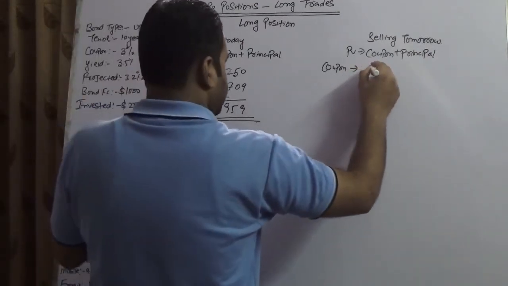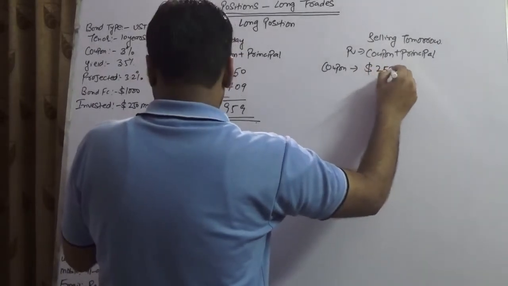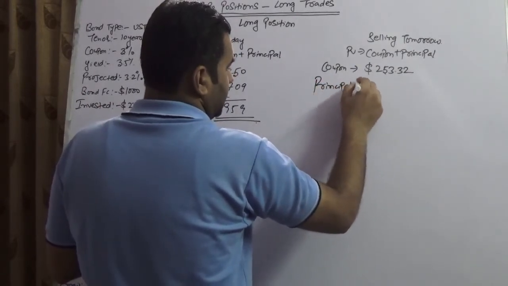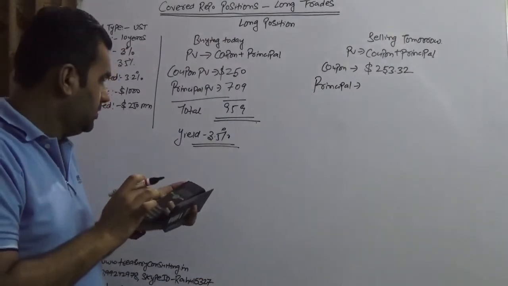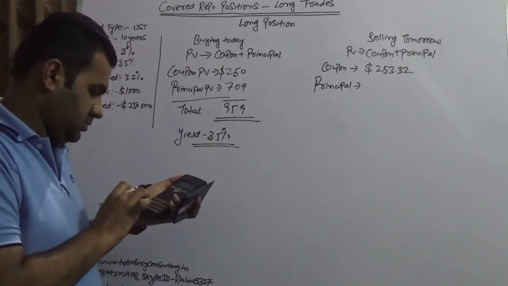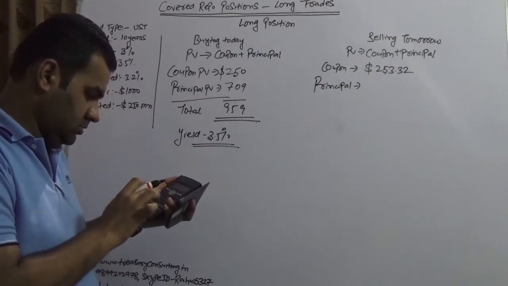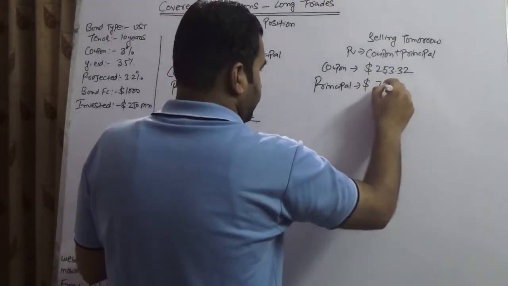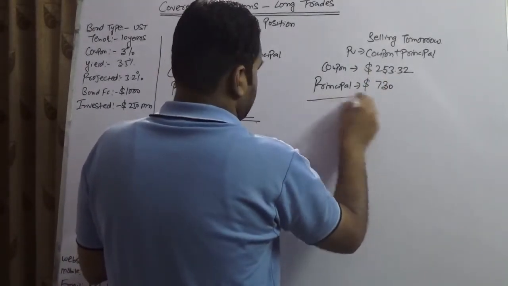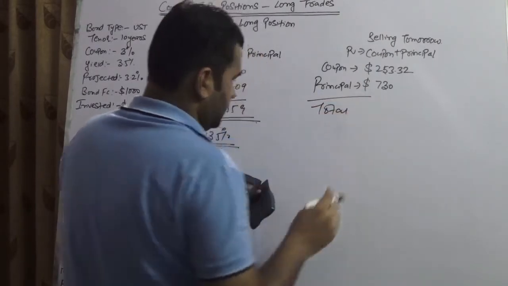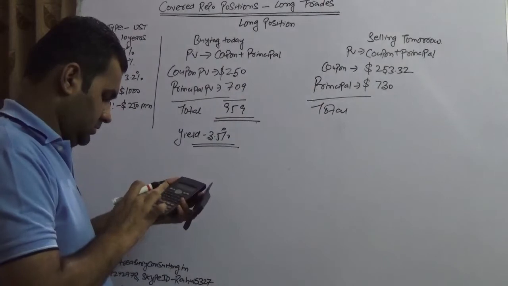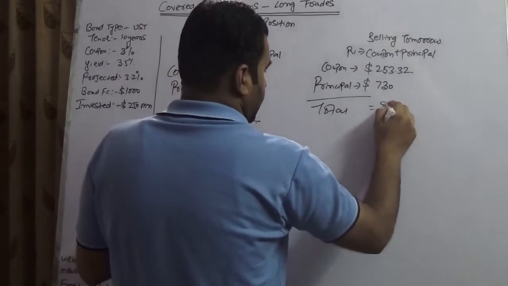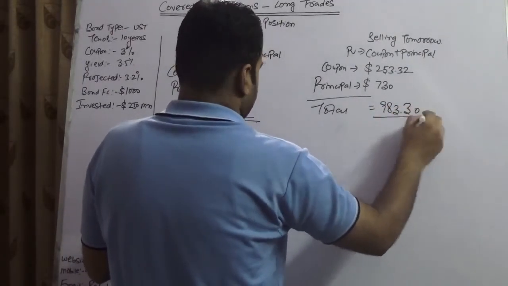So here the coupon is coming to roughly 253.32 and the principal is coming to approximately 730. So the total coming is 983.30.